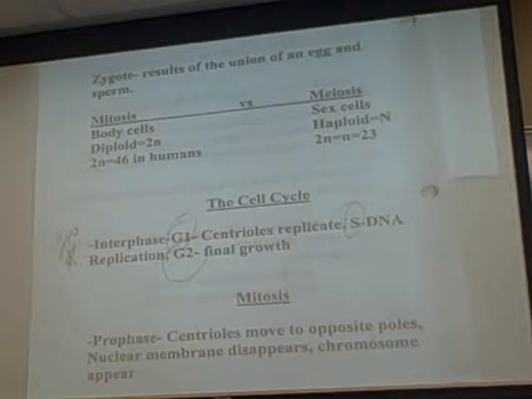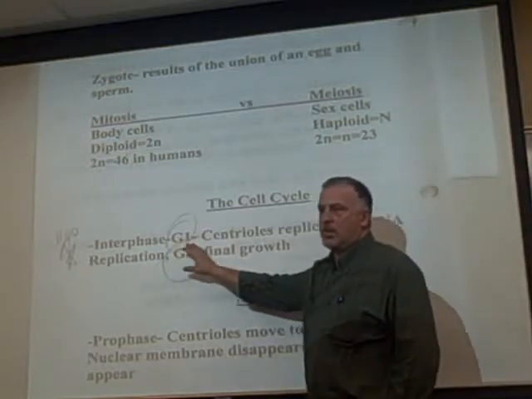Now, as we get into the cell cycle, the cell cycle incorporates interphase, prophase, metaphase, anaphase, telophase, incorporates all of them. What we were doing Friday, showing replication, transcription, and translation, all those are happening in interphase, okay?